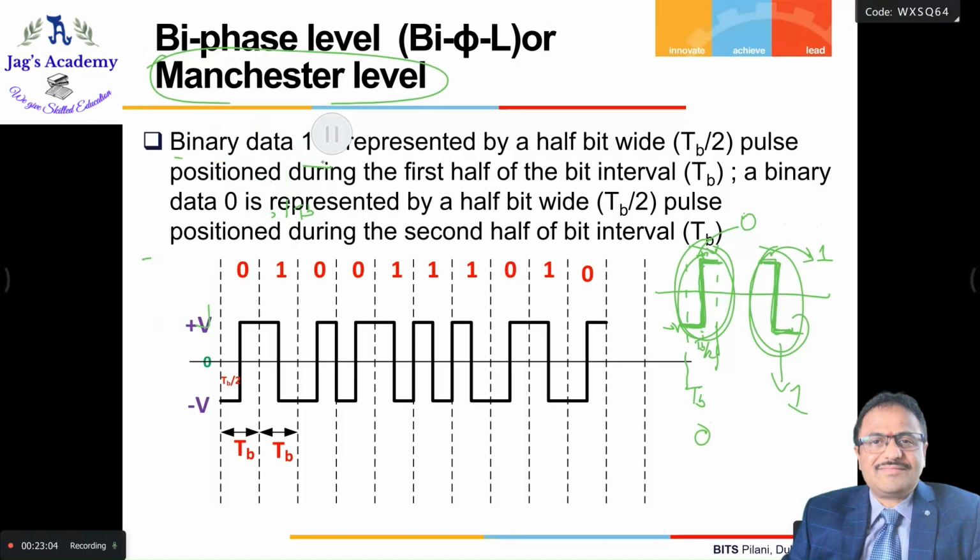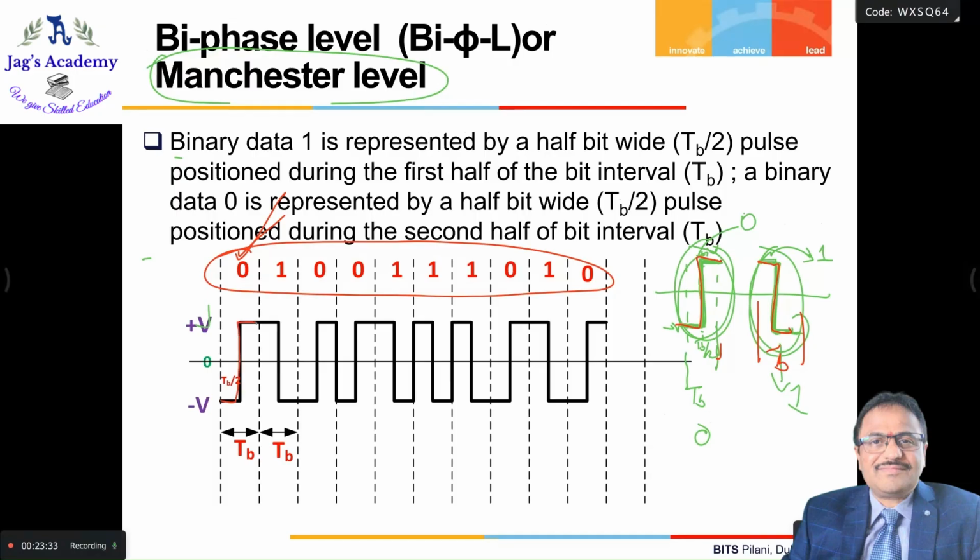One thing you have to remember always, your 0 is represented like this. This is always 0. This is always 1. And this happens within interval T. Now see here, this is the example sequence. In this example sequence, how do you represent 0?